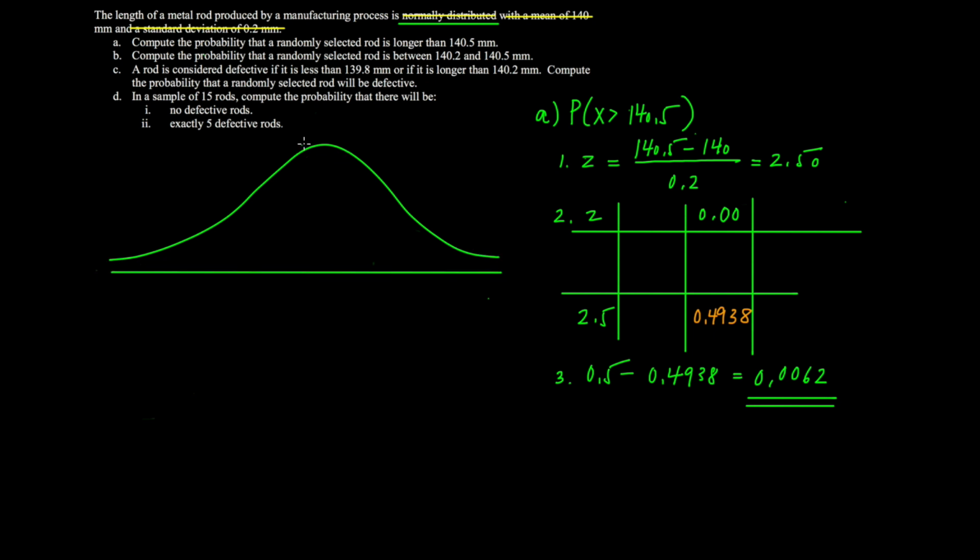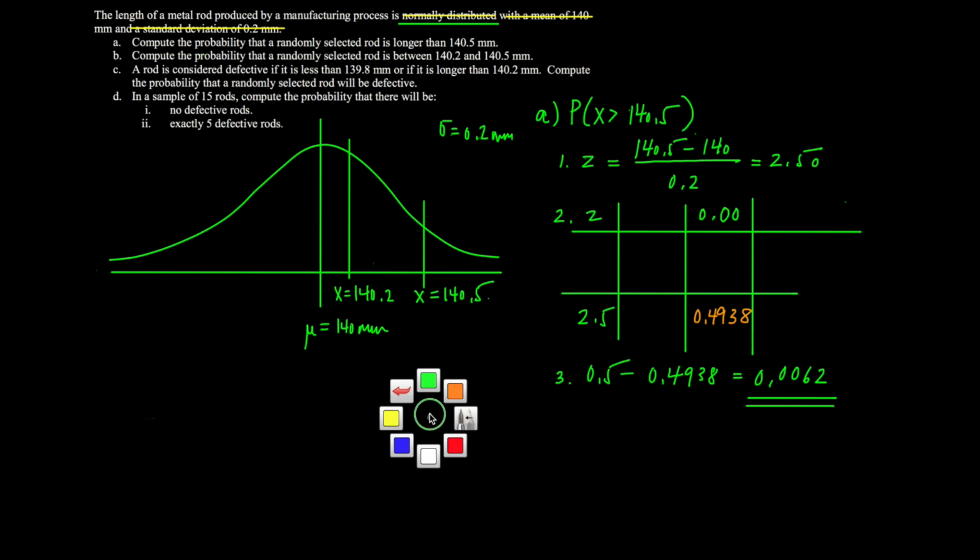Alrighty, so let's just redraw our bell-shaped curve. We know that our mean is at 140 millimeters, and our standard deviation is at 0.2. And now we want to know the probability that a randomly selected rod lies between 140.2 and 140.5.